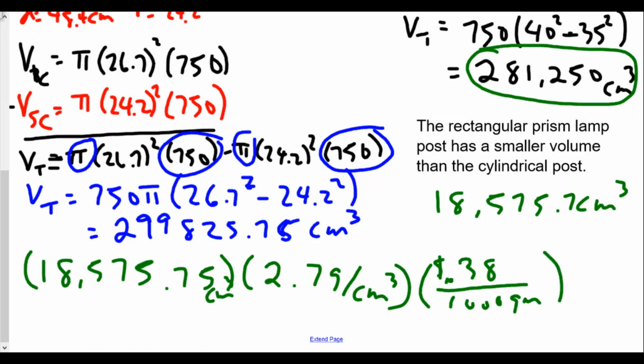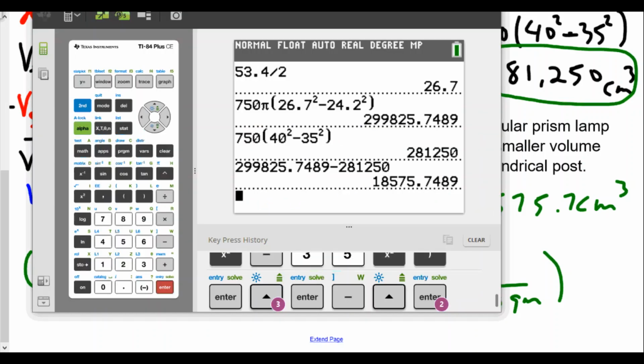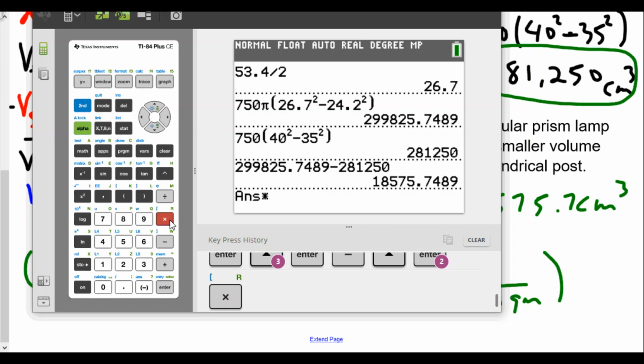So we take our value, multiply by 2.7, that's our density, then multiply by 0.38, that's the cost per kilogram, but this is all in grams, so we divide by 1,000.